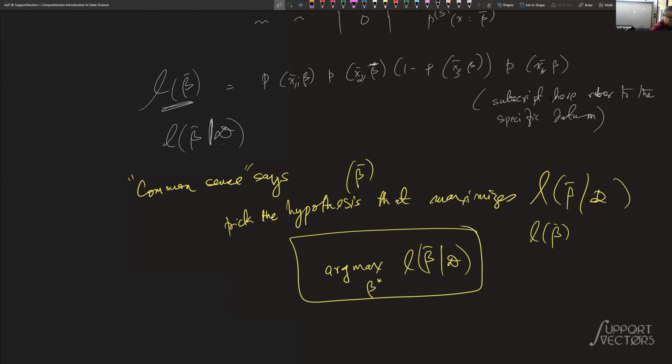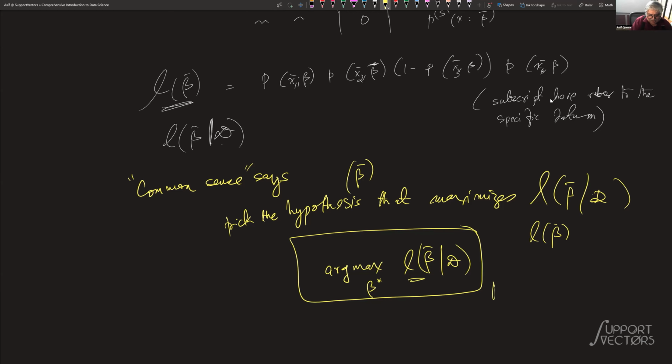We stopped before the session break at this equation, at this quantity that we need to maximize. It is the likelihood. We need to maximize the likelihood.